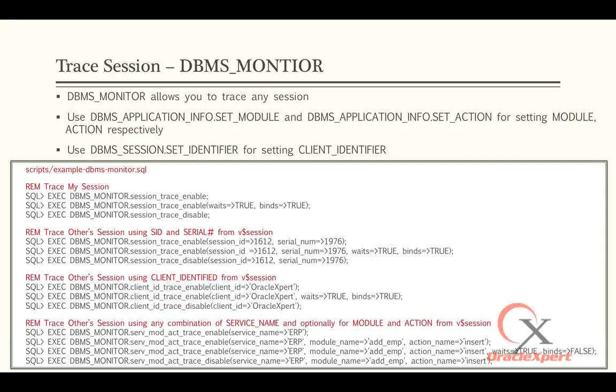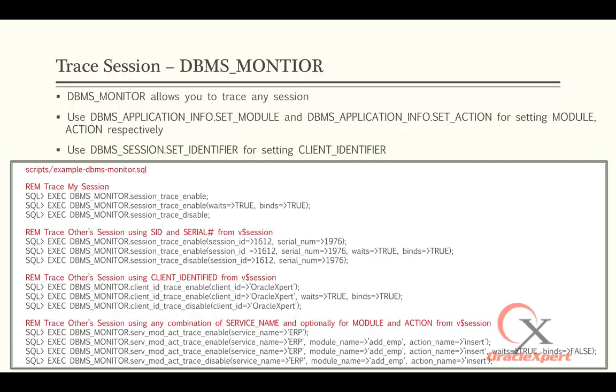Or you can also identify a particular session by looking at the client identifier, and then you may want to enable the tracing for a particular identifier. I will show you probably at a later time how to set the client identifier using DBMS_SESSION.SET_IDENTIFIER, if not in this example.